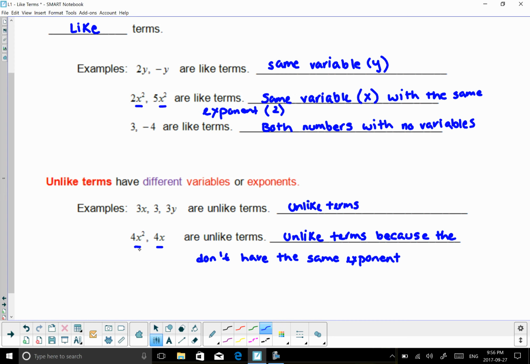So you'll notice again, that's x squared and that's x, so they don't have the same exponent. Those do not make the same term. They're not the same. I can't add them.